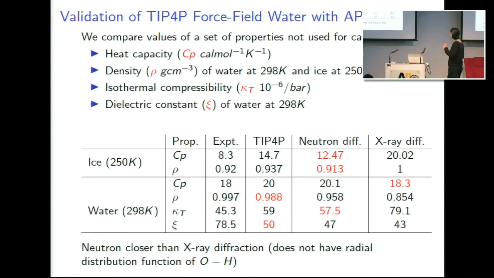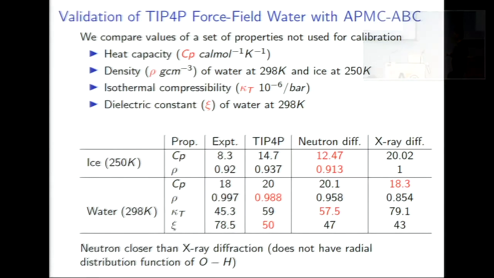And here is some measure of how well we are doing using properties that are not being used to calibrate. So other summary statistics of the data, other features of the data that have not been used, they are not the S1, S9 that we use to calibrate. In particular, the heat capacity, the density, the isothermal compressibility, and dielectric constant.